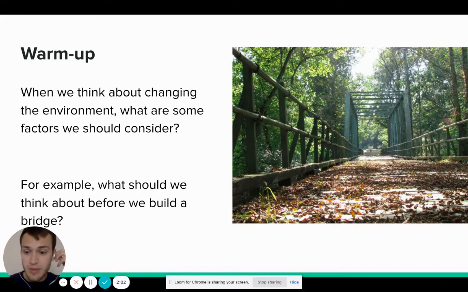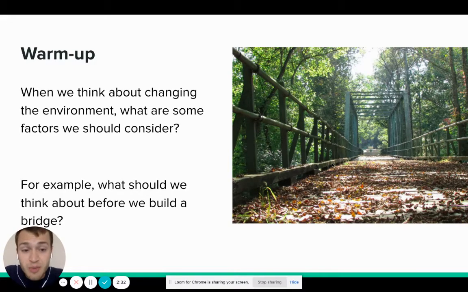The example was, what should we think about before we build a bridge? Here is a bridge that looks like it was built through a forest. Whoever built this bridge was probably thinking about humans' need for easy transportation and the needs of the local ecosystem, and had to figure out a good balance between them.